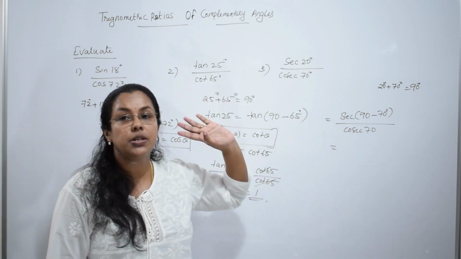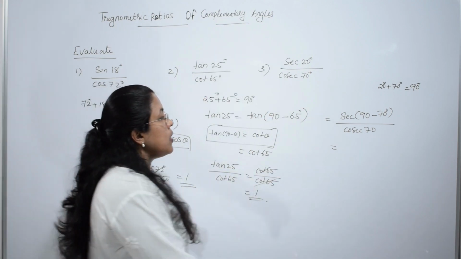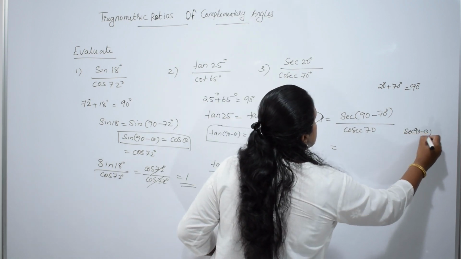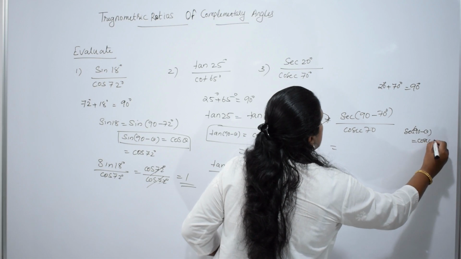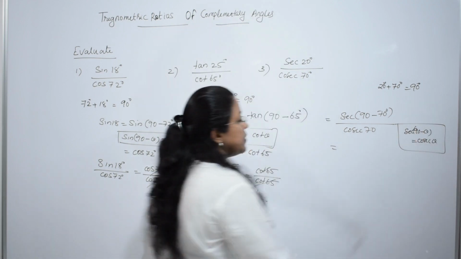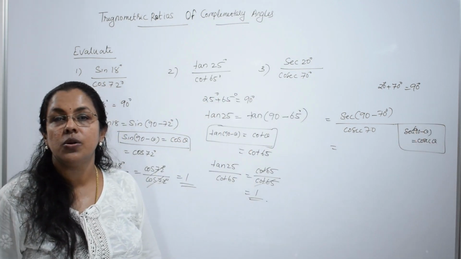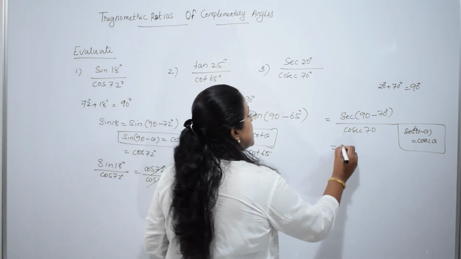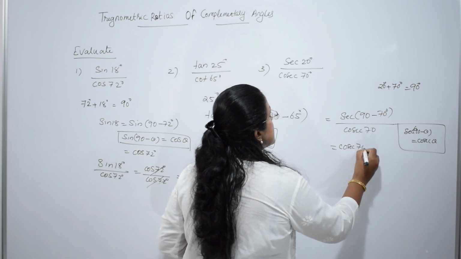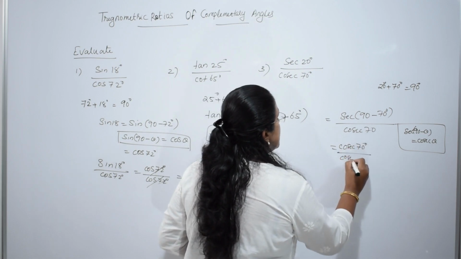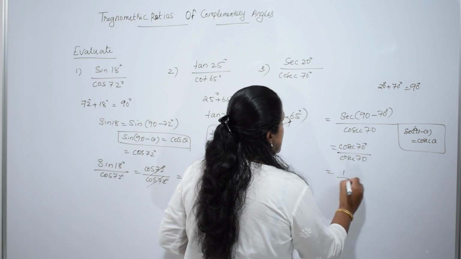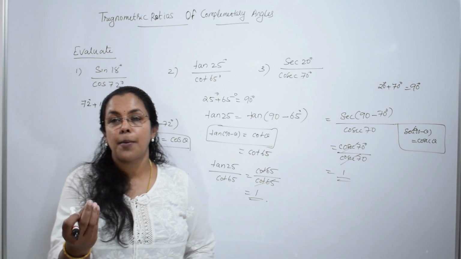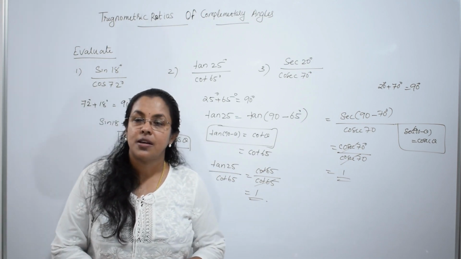Now, what is sec(90° − θ)? Sec(90° − θ) is equal to cosec θ. So what is sec(90° − 70°)? That is equal to cosec 70°. Cosec 70° upon cosec 70° is equal to 1. Very easy, isn't it? Just the application of complementary angles.